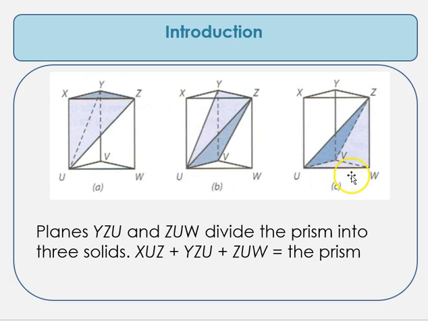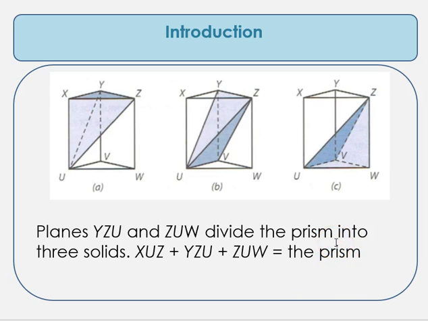And then on the right we have ZUW, which is this whole prism in the front. These three together, when their volumes are added together, will equal the volume of the prism.